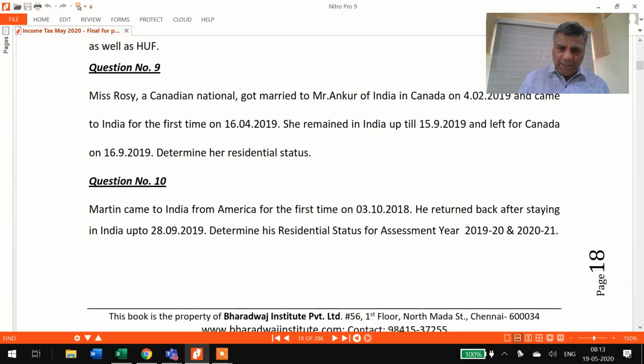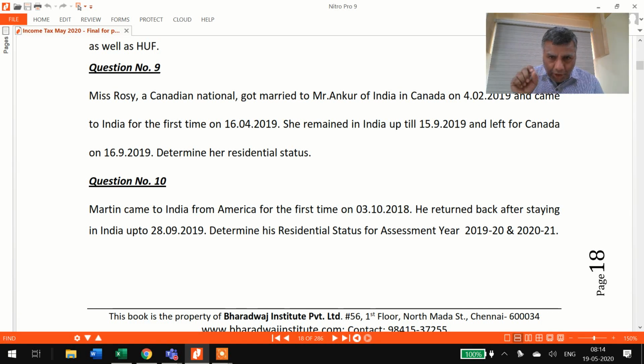Martin came to India from America for the first time on 3/10/2018. He returned back after staying in India up to 28/9/2019. Determine his residential status for 2 financial years, 1819 and 1920. Assessment years 1920 and 2021 mean financial years 1819 and 1920.